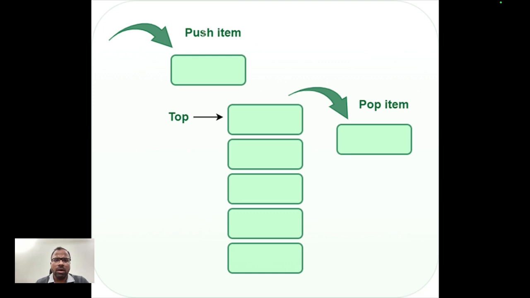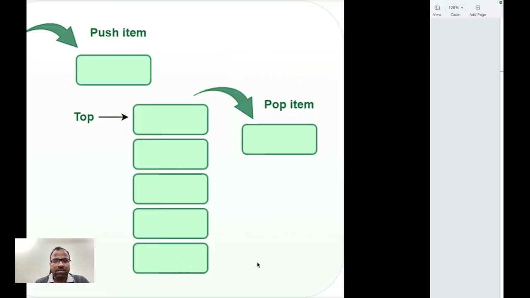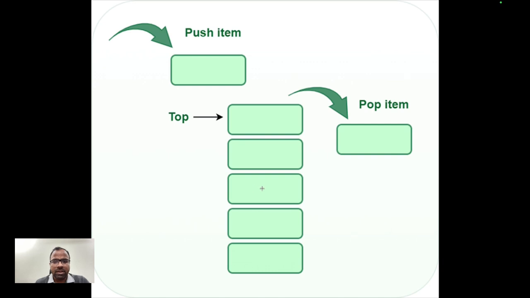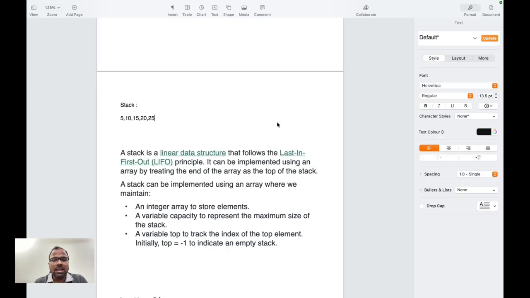The end where items are added is called the head, or top. You place 5, then 10, then 15, then 20, and then 25. The item which is pushed last will be pulled out, or popped out, first. That's why it is called last in, first out.